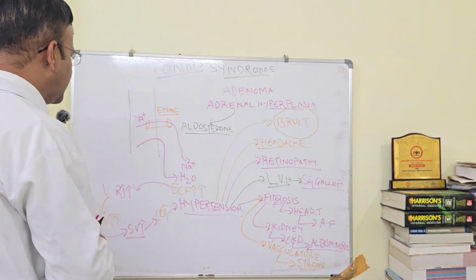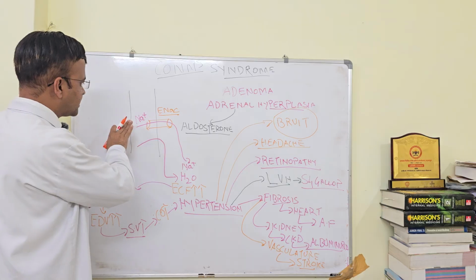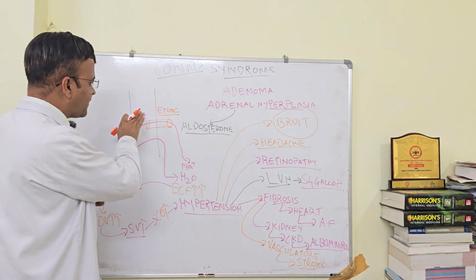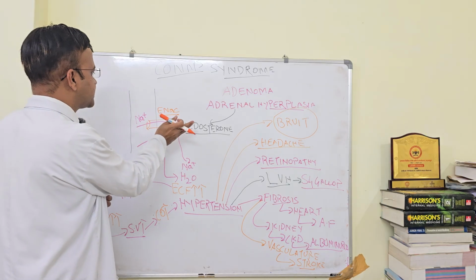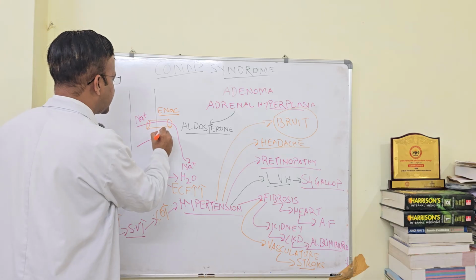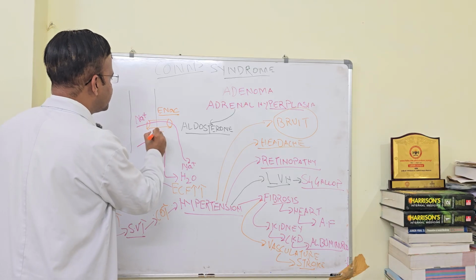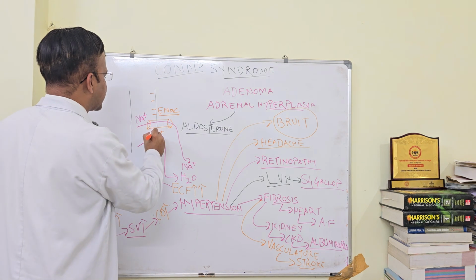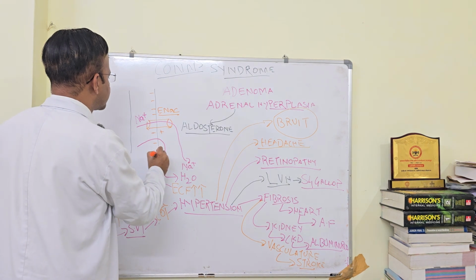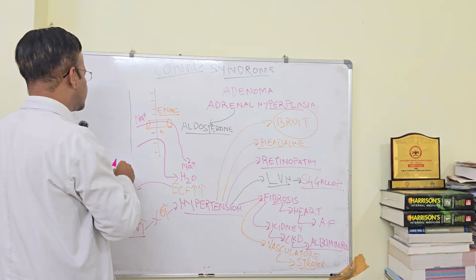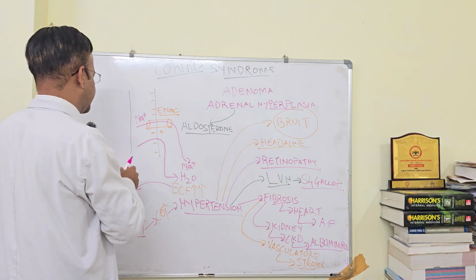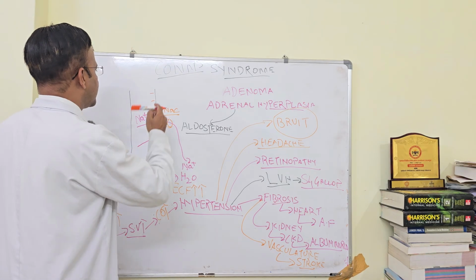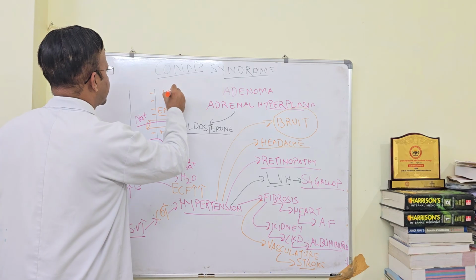Now, apart from hypertension, what else can happen? The sodium is going outside. So if any positive ion is moving out, what will happen? This side will become positive and this side will become negative. This side will become negatively charged because of the flux of positive ions. So this is going to pull in your potassium ion.